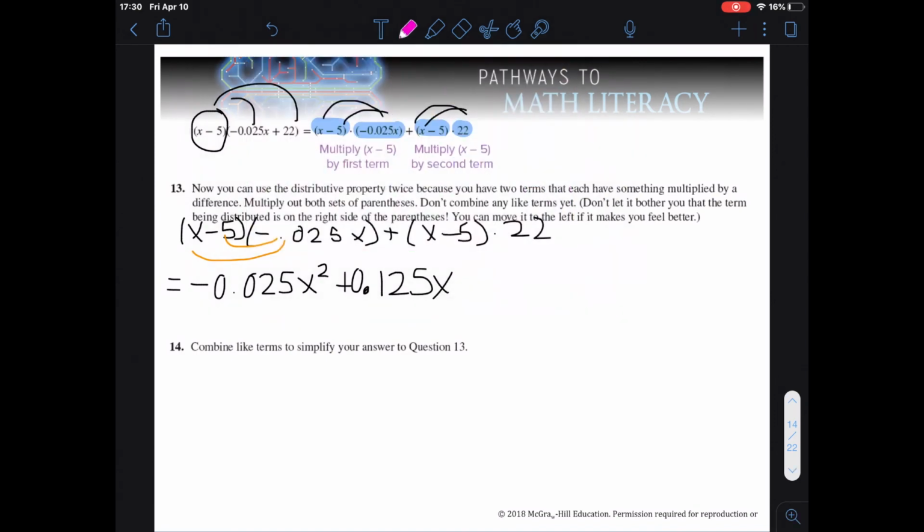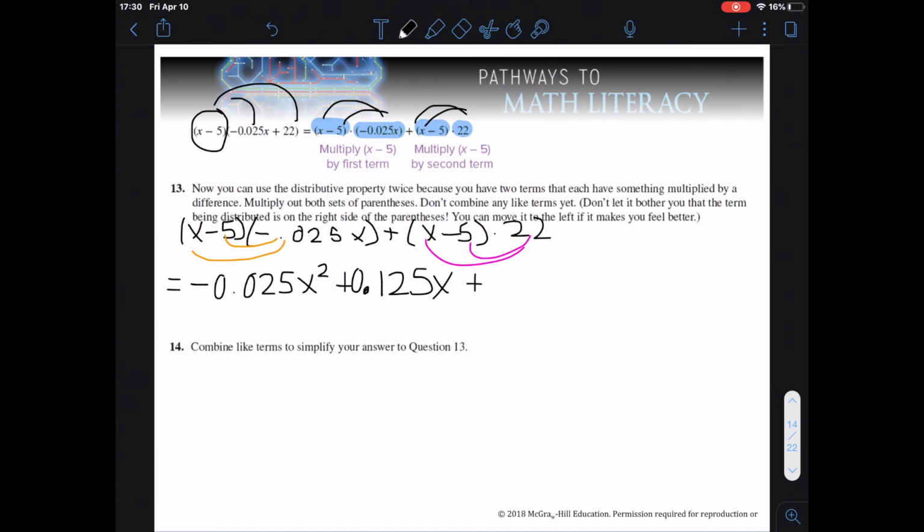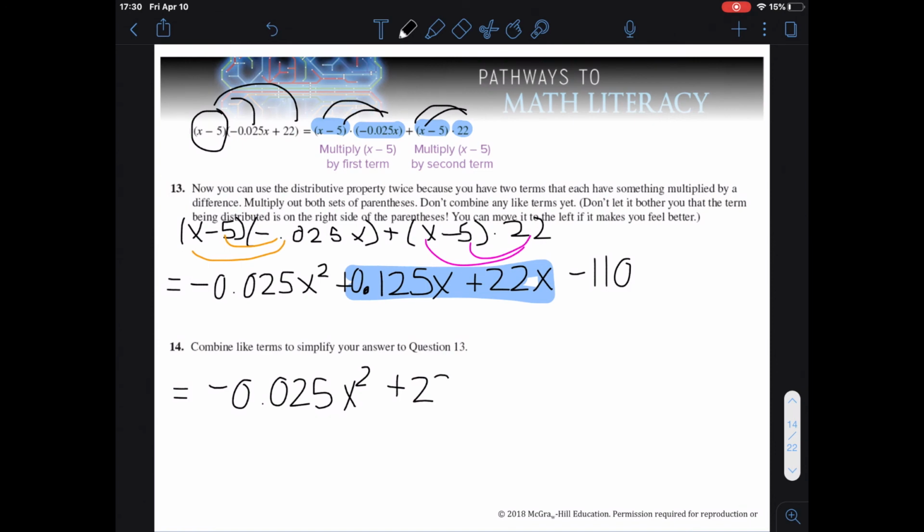Now when you do the same thing and distribute the 22 to both pieces, that's going to give you positive 22x. The negative 5 times 22 is going to be negative 110. So now we only have two things that are alike, so we can go ahead and combine those. And this expression is exactly the same as negative 0.025x squared plus 22.125x minus 110.